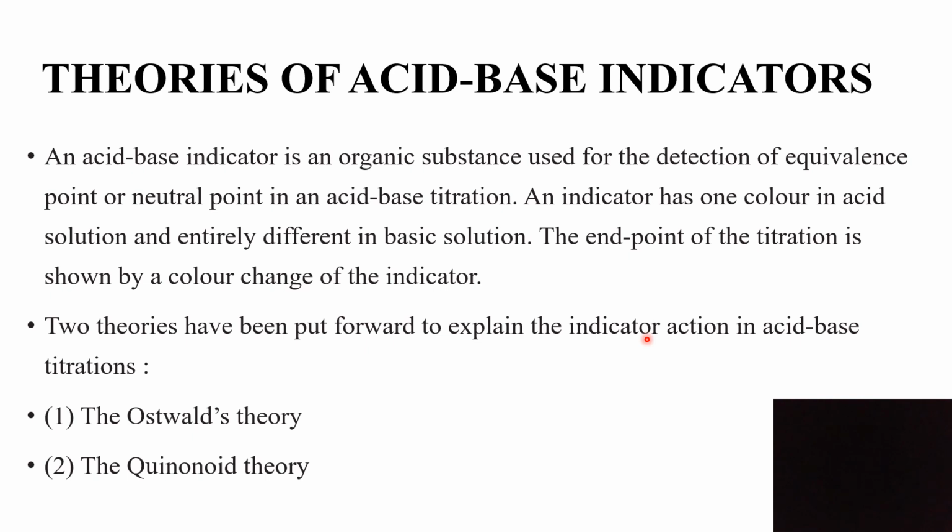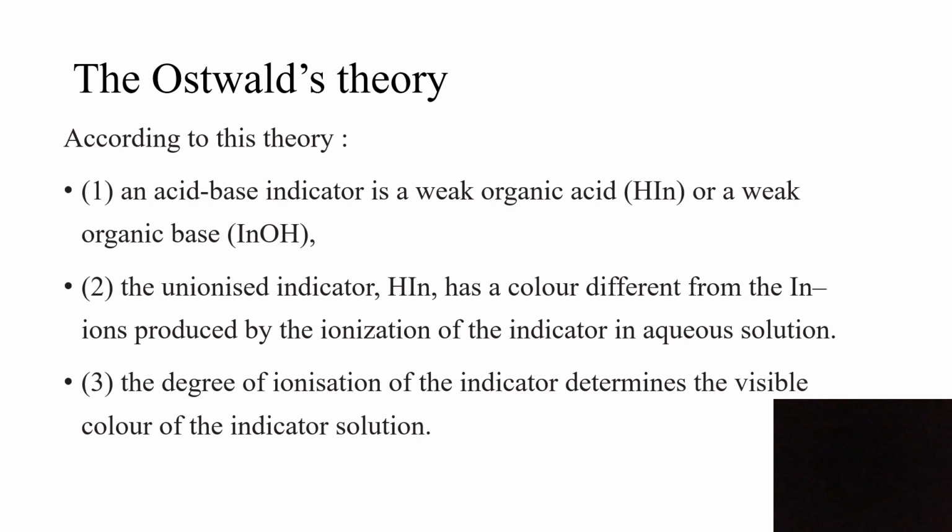The end point of the titration is shown by the color change of the indicator. There are two theories to explain indicator action in acid-base titration. The first one is the Ostwald theory and the next one is the Quinonoid theory. We will discuss them with reference to two commonly used indicators, methyl orange and phenolphthalein, to explain the theories.